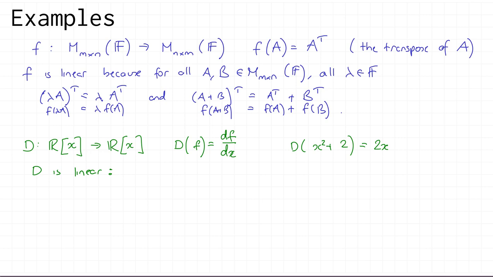And that's just because of standard properties of differentiation. If you differentiate a constant times a function, you get the constant times the derivative of that function. So property 1 of linearity follows because if you have D of a scalar multiple of f, that's d by dx of lambda times f. And because lambda is a constant, it's a real number in this case, then just by ordinary differentiation rules, that's lambda times df by dx, which is of course lambda D of f.